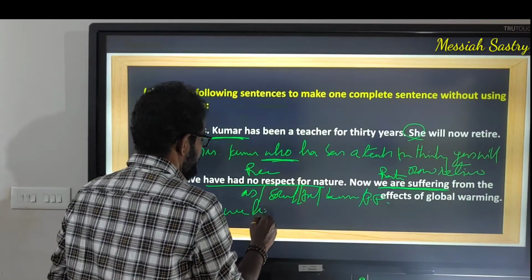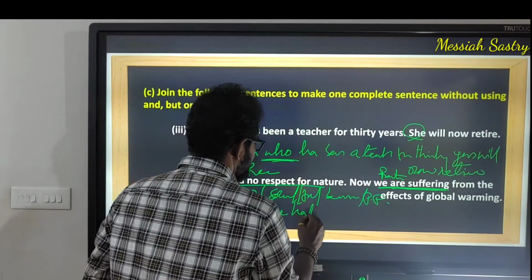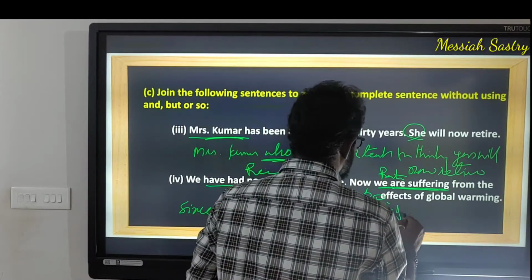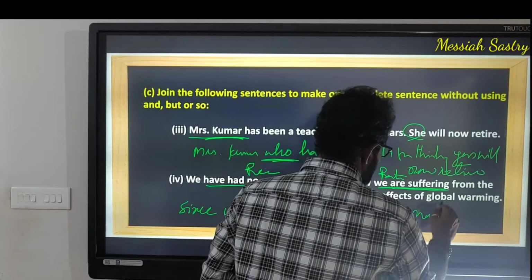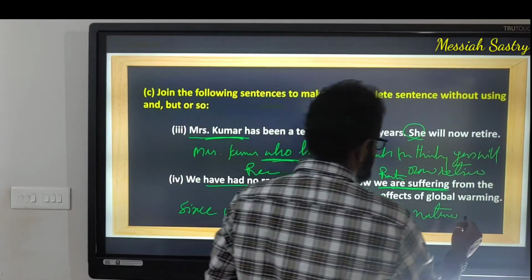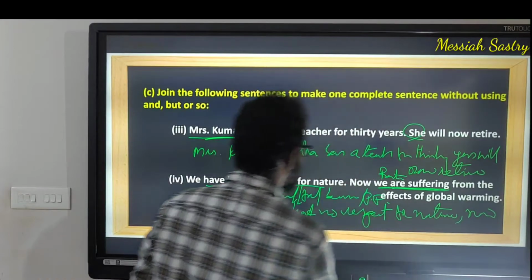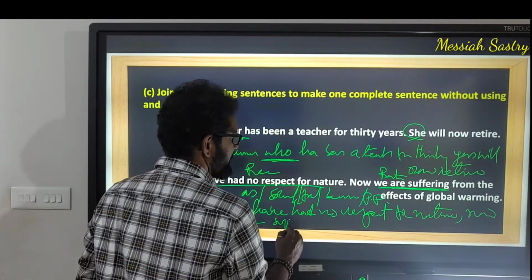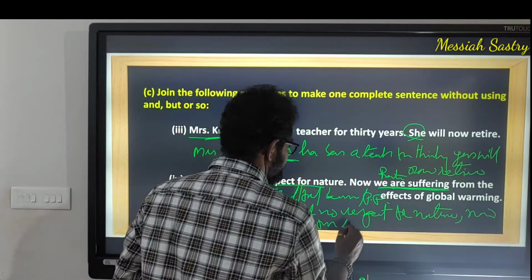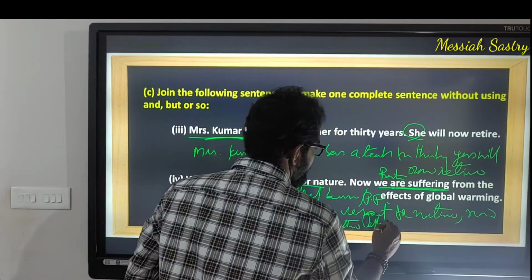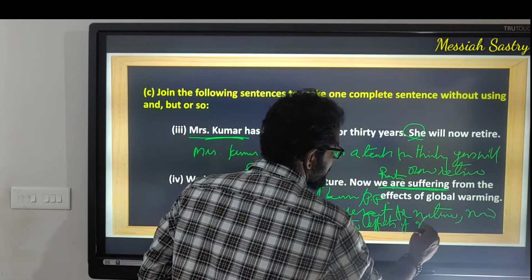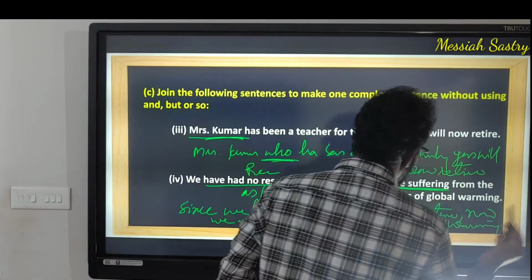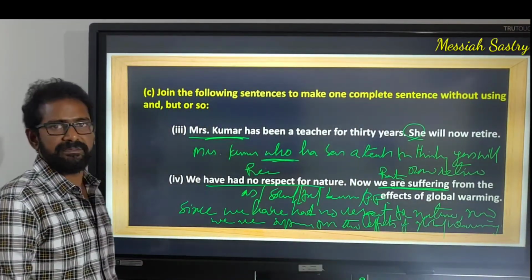Since we have had no respect for nature, now we are suffering from the effects of global warming.